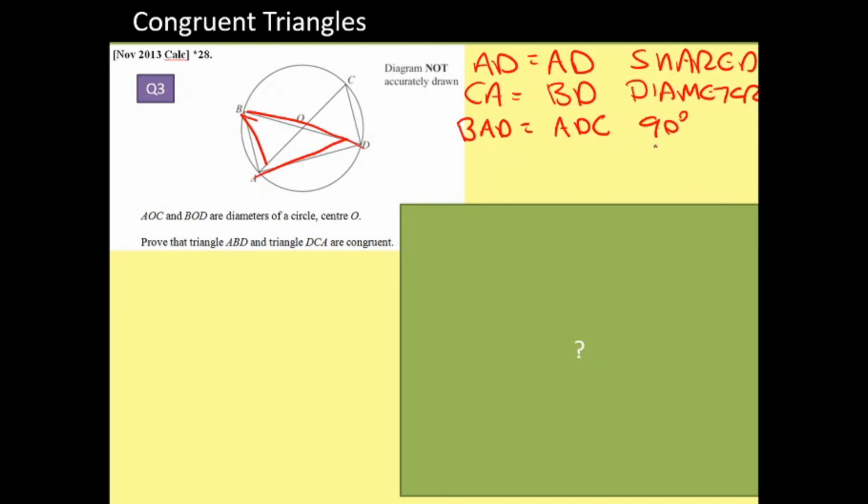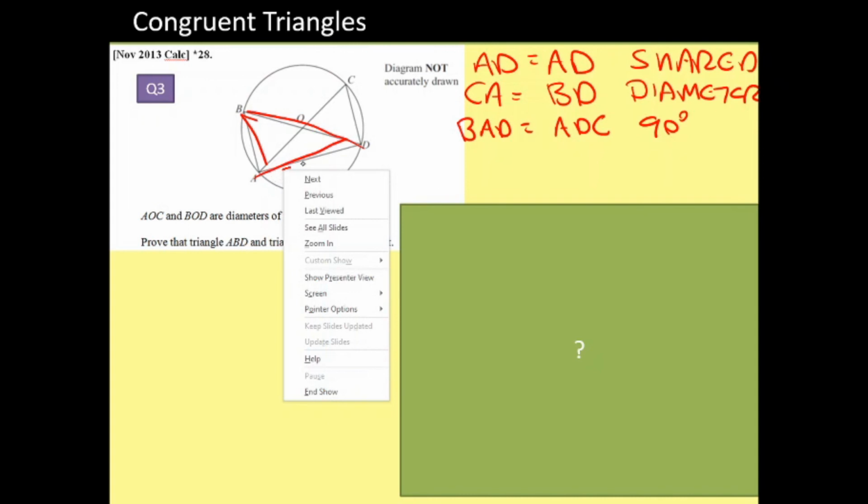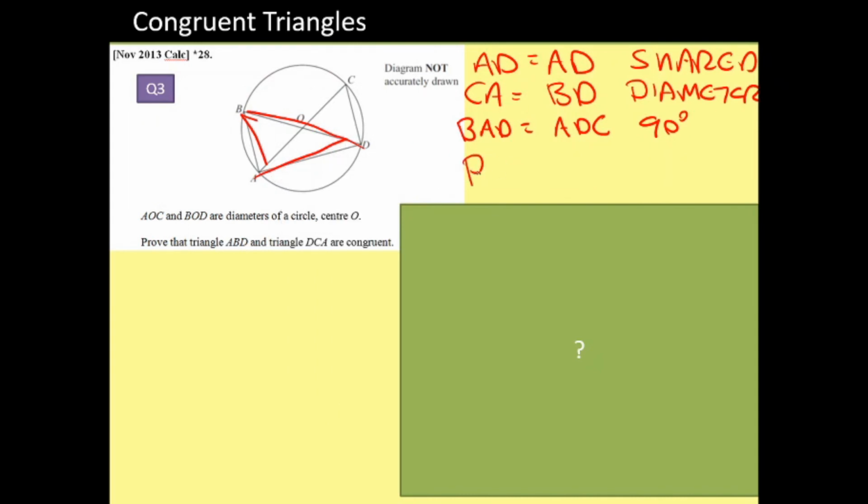Okay, because that's one of your circle theorems, the angle in a semicircle. So here I've got a right angle, and I've got my hypotenuse, and I've got my side, which means that they are congruent. And again, there might be other ways we can do it, but that's what I'm going for.